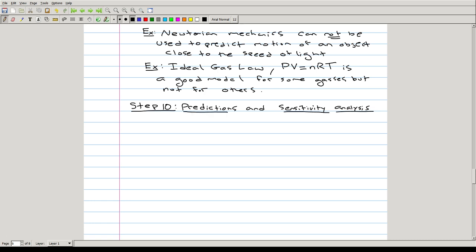This could consist of a lot of different things, but the main idea here is how sensitive is the model to small variations in parameters or terms in the model.